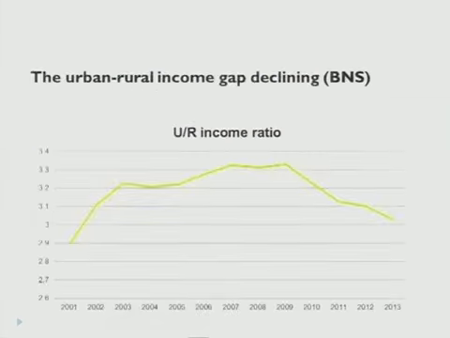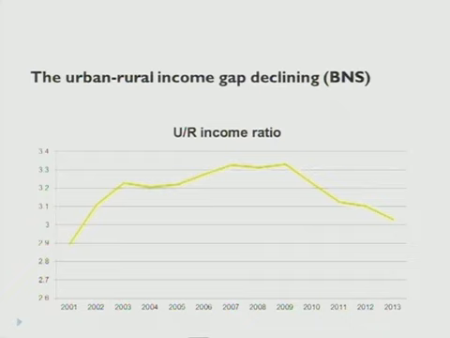First, just look at the income gap between rural and urban China. If you look at official data, it is quite clear. The income ratio between urban and rural areas declined significantly after 2008.